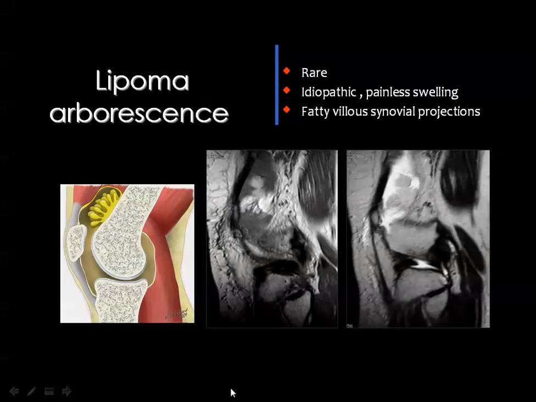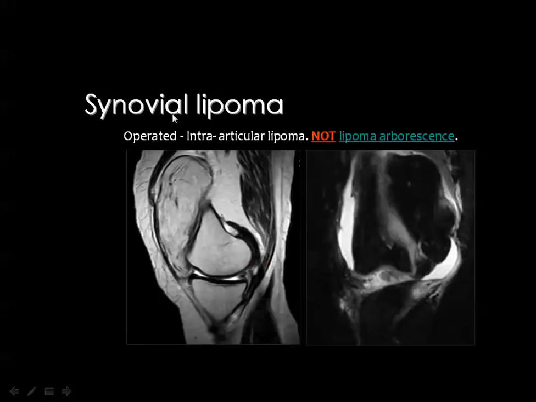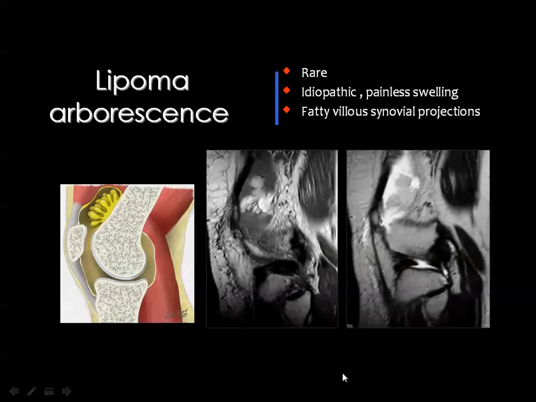But if you see a mass made of fat within the joint, but this mass is branching like this, then you call this lipoma arborescens. The previous one is known as synovial lipoma, not lipoma arborescens. But if you see branching features like this, you consider lipoma arborescens.